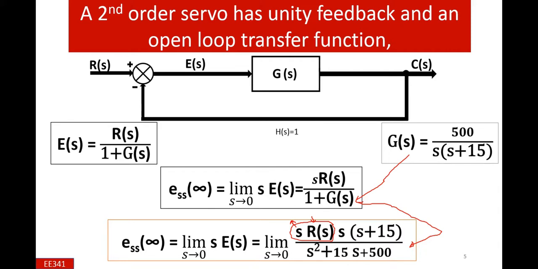If we substitute 1 plus G in this, the denominator becomes s squared plus 15s plus 500.